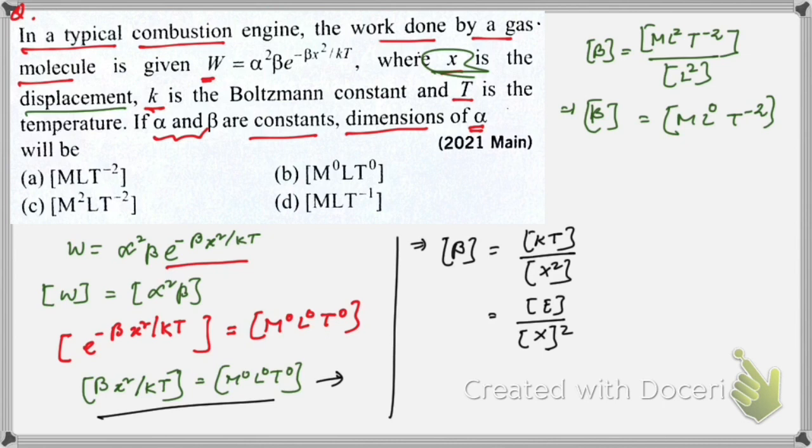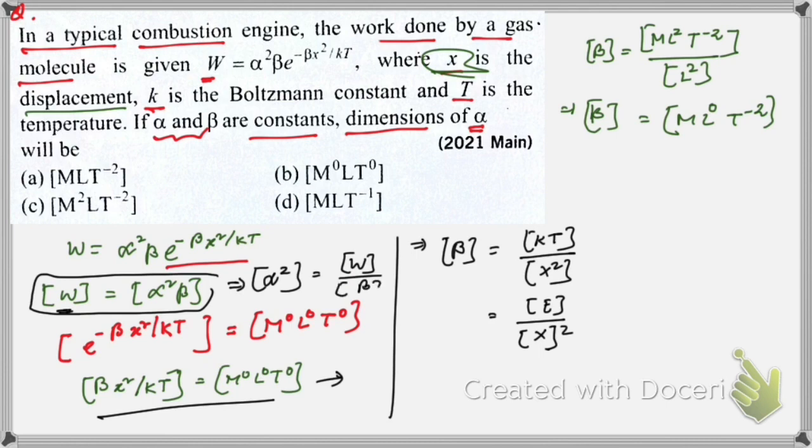So from this relation you can see the dimensional formula of work done is equal to the dimensional formula of alpha square beta square. So this implies that the dimensional formula of alpha square must be the dimensional formula of work done divided by the dimensional formula of beta, right?